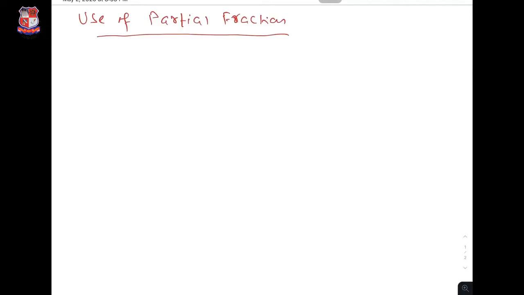We know the first method of partial fractions. Suppose you have some function F(s) over (s minus a)(s minus b)(s minus c) type, where the power of the numerator is less than 3.